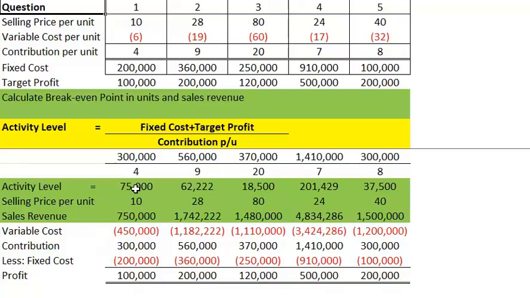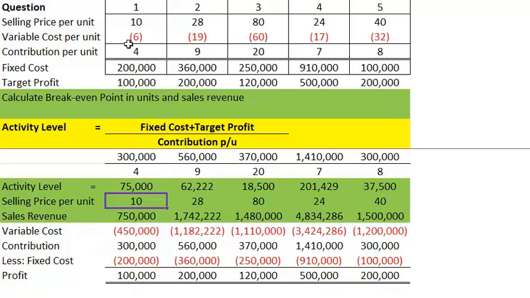Let's see if we have calculated the right level of activity. We have 75,000 units. Selling price is 10 pound per unit. When we multiply 75,000 by 10, we get sales revenue of 750,000. We can calculate variable cost where level of units is 75,000.